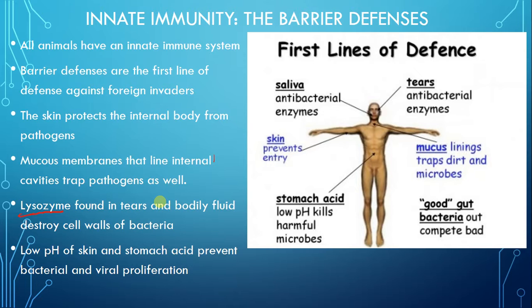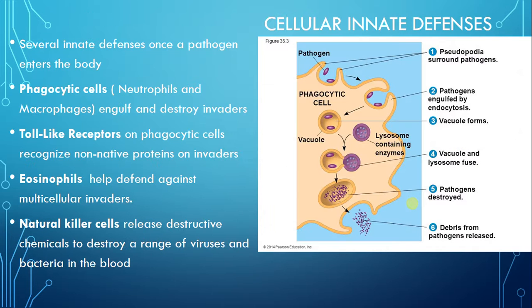So they contain antibacterial enzymes. The low pH of your skin and your stomach also denatures enzymes and prevents pathogens from proliferating. And then your natural gut flora, the good bacteria in your gut, outcompete a lot of bad bacteria that might inhabit there for food. All of these are examples of barrier defenses, the first physical defenses your body has against pathogenic invasion.